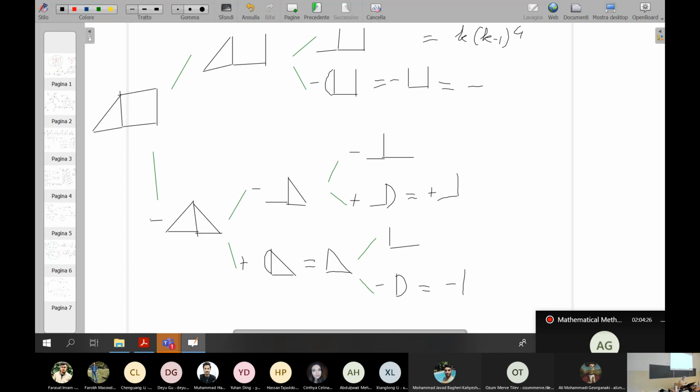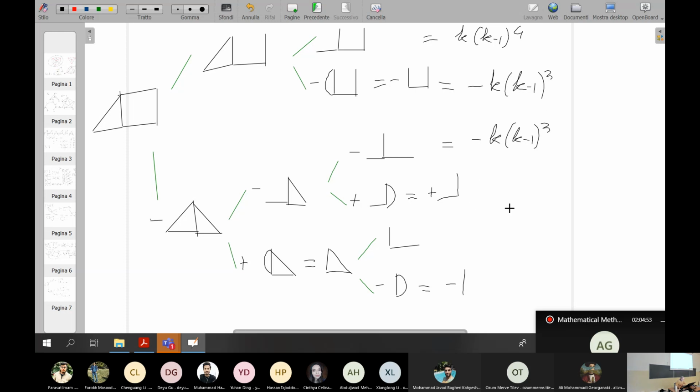This will be minus, this is 4 vertices, and so it is k times k minus 1 to the 3rd. Okay, this is 4 vertices as well, so this is also minus k times k minus 1 to the 3rd.